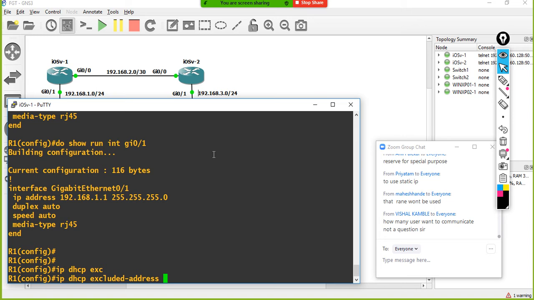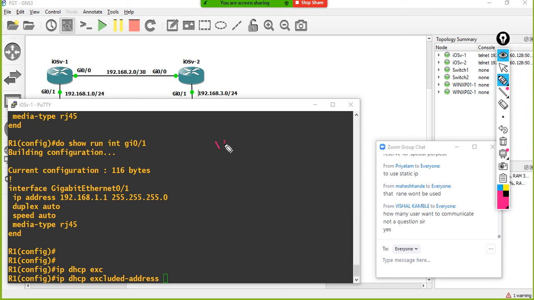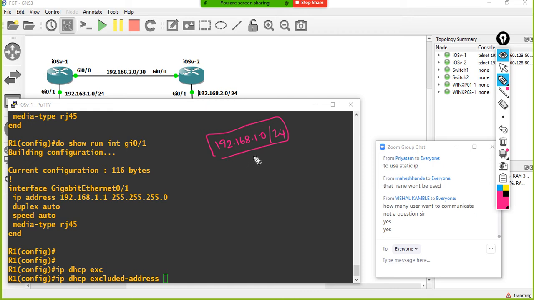No, no, Vishal, maybe you are thinking wrong. Let me explain why we are going to do the exclude. For example, let's say 192.168.1.0/24. It's a single subnet, right, Vishal? Inside that, how many valid IPs are you going to get in this subnet?